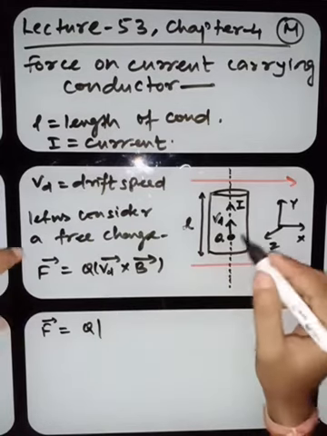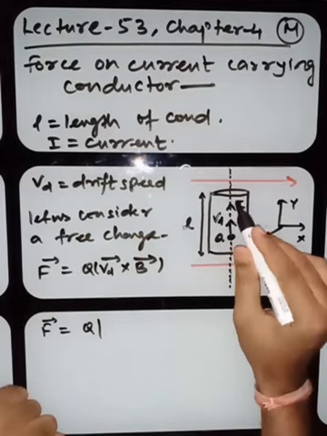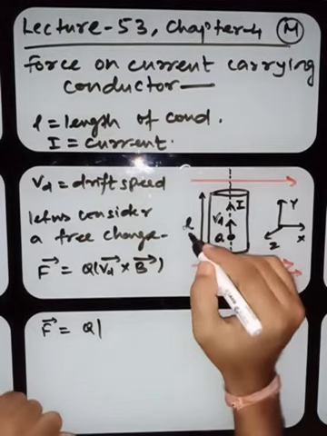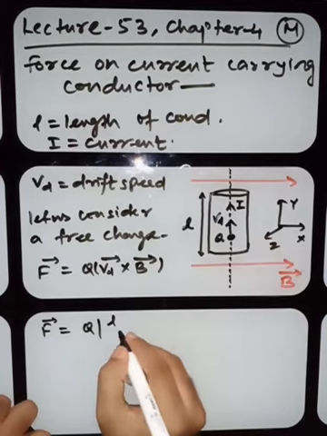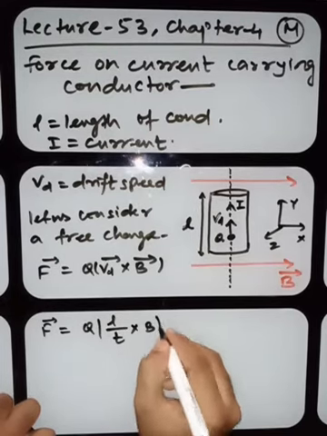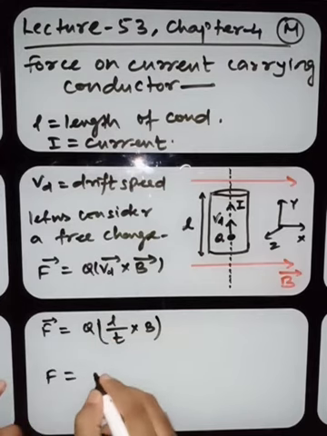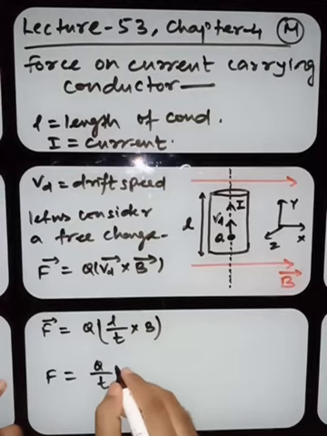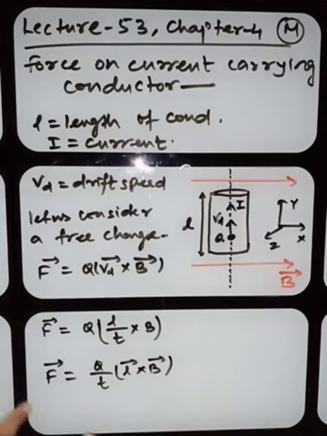If for the time t this charge moved from one end to the other end and covered the length L, then we can write the drift speed as length by time, into magnetic field B. Now you can see F is Q by t, L cross B. The very simplest explanation of this particular topic.